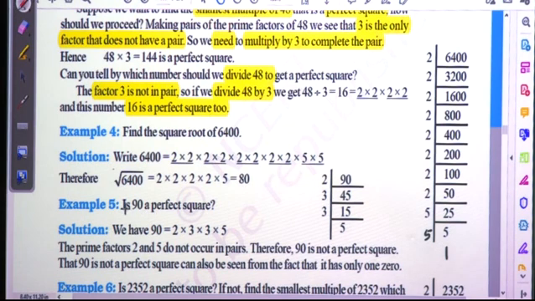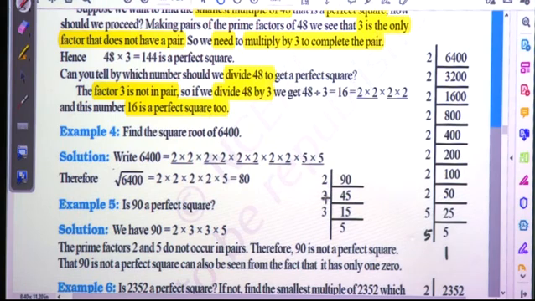Next example: is 90 a perfect square? Here you can see the prime factorization of 90. First we are dividing by 2, 2 4s are 8, 1 remaining. The next value becomes 10, 2 5s are 10, so it is 45.